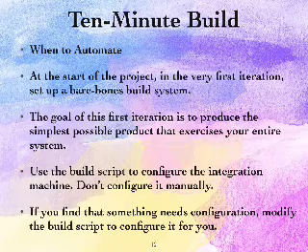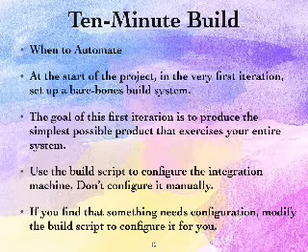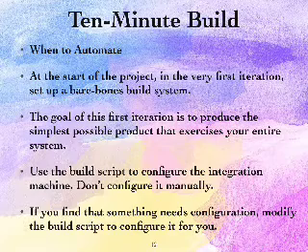The goal of this first iteration is to produce the simplest possible product that exercises your entire system. So use the build script to configure the integration machine, and don't configure it manually whatsoever. If you find that something needs configuration, modify the build script to configure it for you. Don't try to do it yourself.